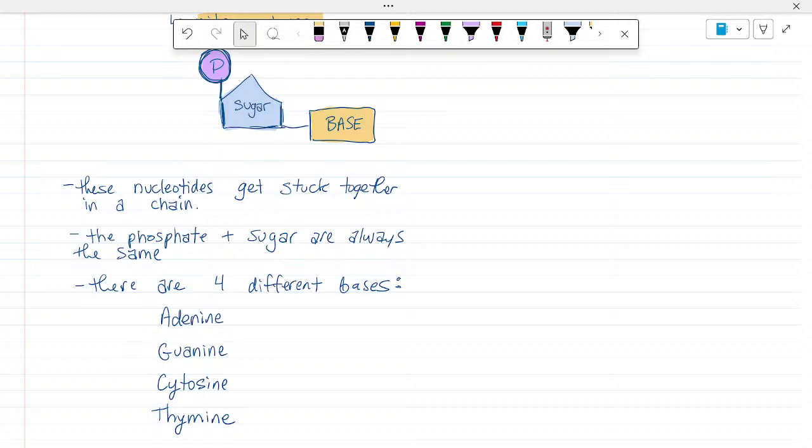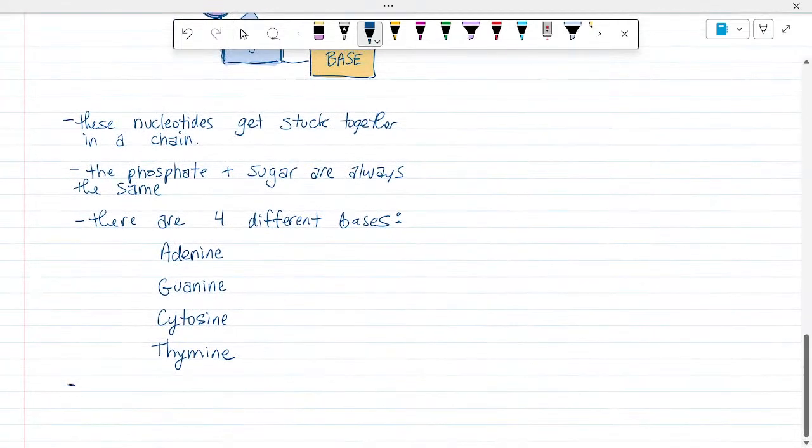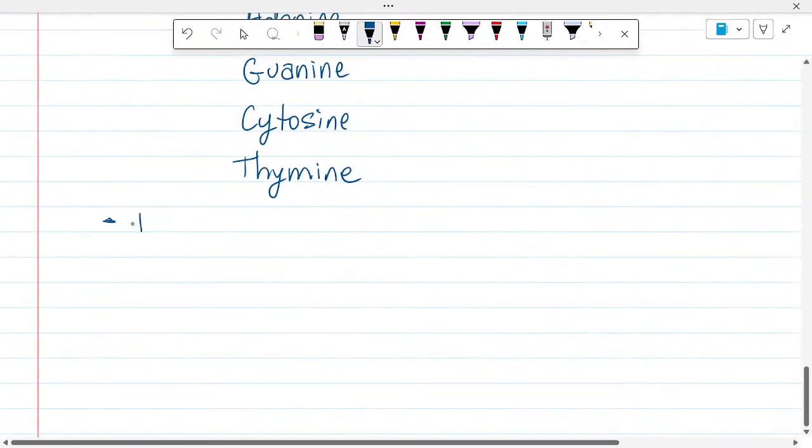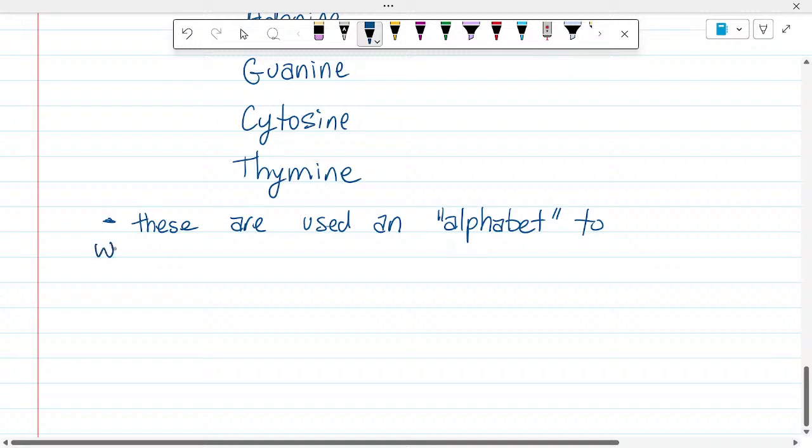All right. Okay, we're almost there. So these are used as an alphabet to write code in DNA in the form of codons.